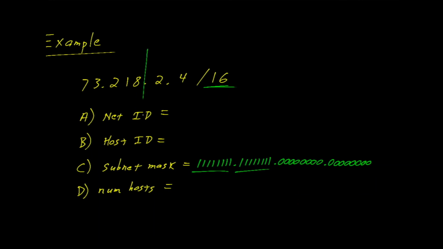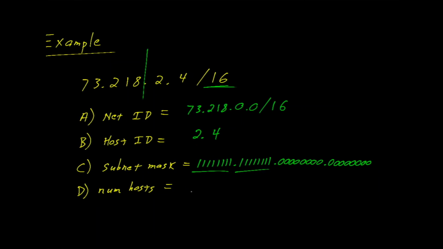So in this particular case, we just split it like so, which means the network ID is the first 2 octets. We may as well add the /16 here, whereas the host ID in this particular case is host 2.4 on the 73.218 network.